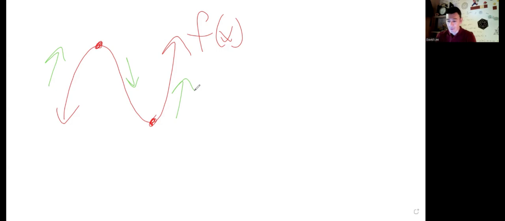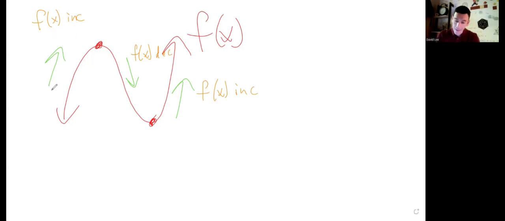So during this first portion there, the graph is increasing. You could say that f of x is increasing. In the middle, you could say that f of x is decreasing, it's going down. And then back here on this side, you can say that f of x is increasing.